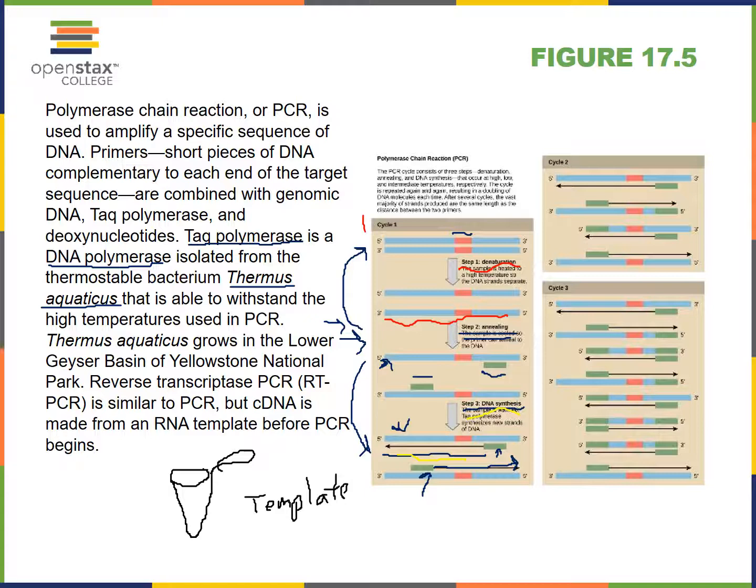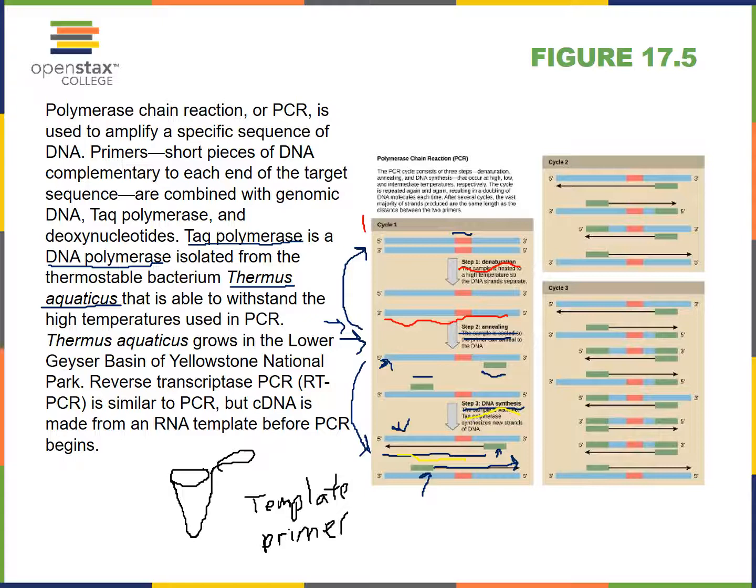The other thing you need is a set of primers. And the primers give you the specificity. Your primers determine what part of all this DNA template you are going to amplify.